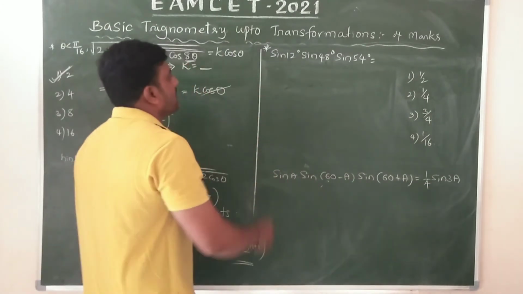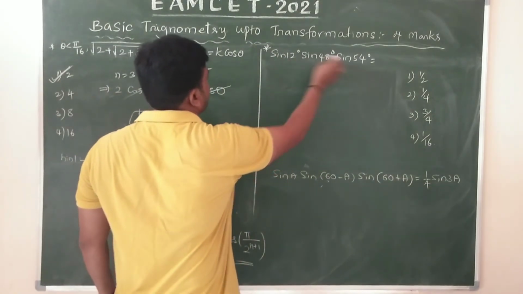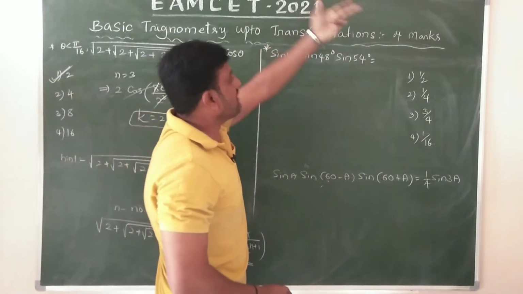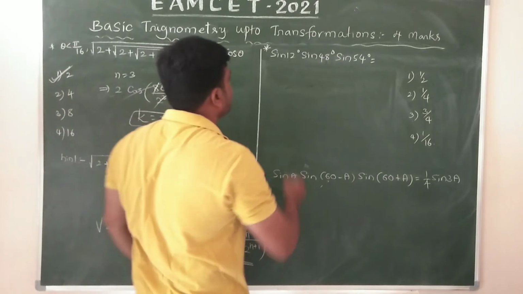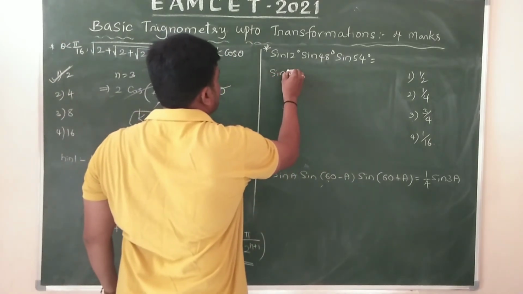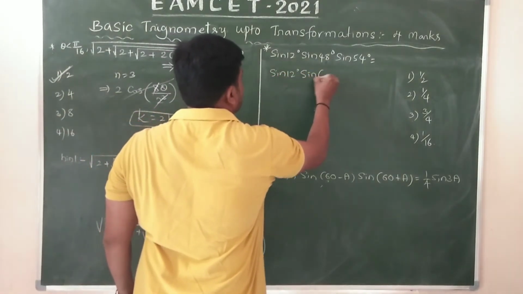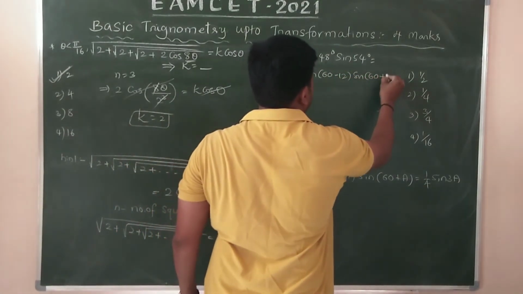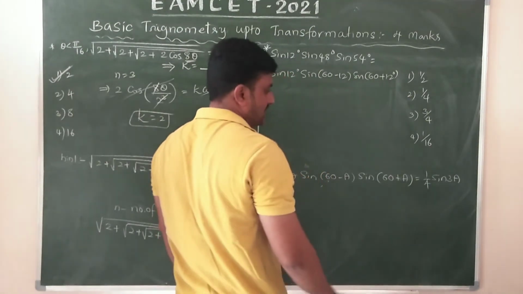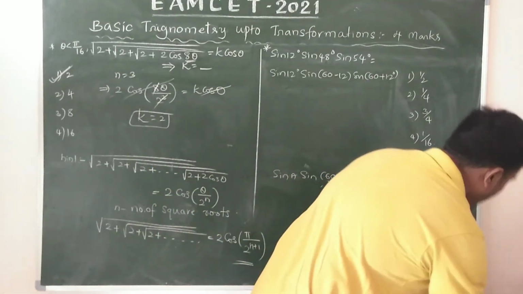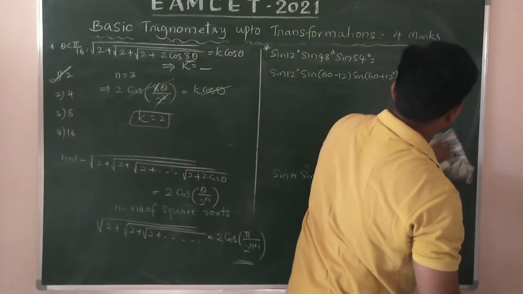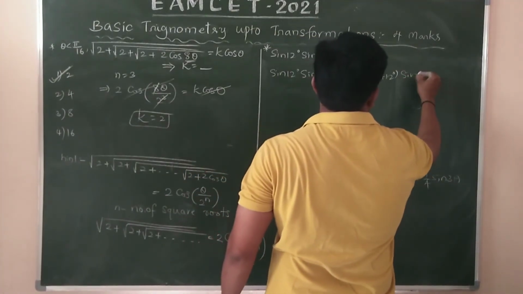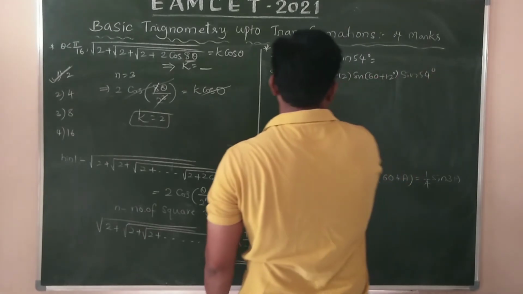But actually the correct form is not here. Yes or no? 12, it is 60 minus 12. Then what about 60 plus 12? So that's why I am applying like this. It is sin 12, sin (60 minus 12) and also sin (60 plus 12). Then the remaining sin 54 is here.